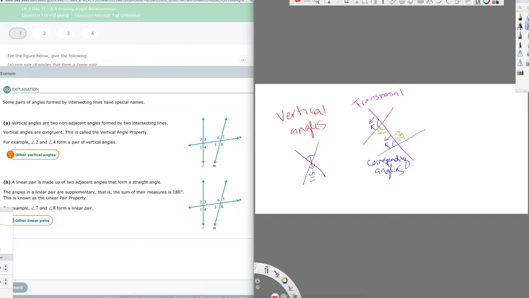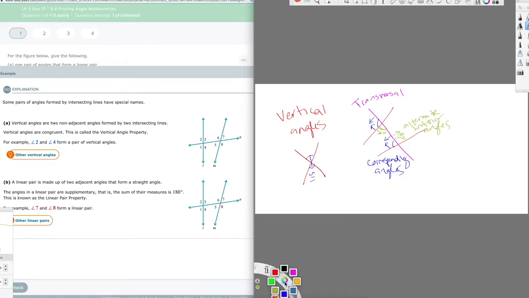We call these alternate interior angles. And alternate just means opposite sides of the transversal. Interior means they're in between the two other lines that we're talking about, usually parallel, but in this case they're not necessarily parallel. We're just looking at the naming. And then of course angles just refers to the fact that they're angles.